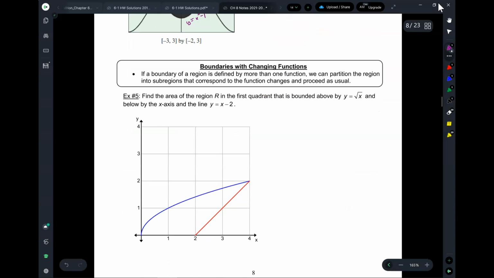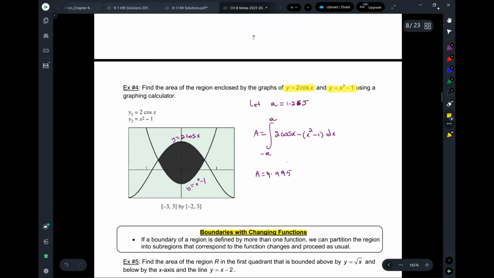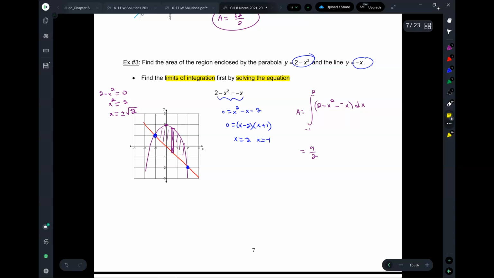Of course, we always have to throw a wrench in there. What if you have boundaries with changing functions? Let's go back to some of the ones that we did.